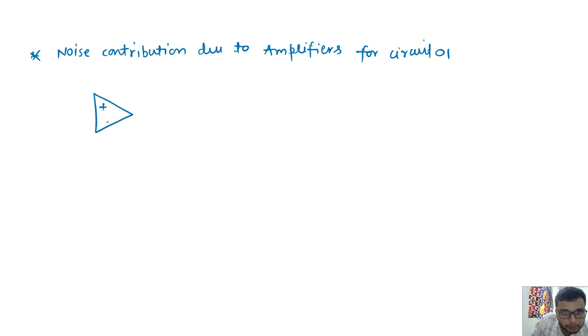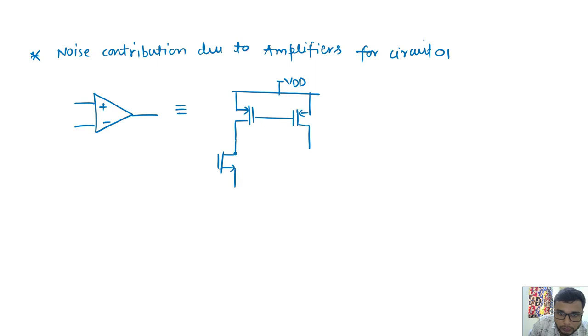This is the amplifier, this is a plus minus, that is nothing but a 5 transistor OTA that I already mentioned in the question. I'll talk about the detailed noise calculation of this circuit. You can see this thing in 5 transistor OTA playlist noise calculation, but directly I am writing here the input referred noise. So there are 4 noise sources.